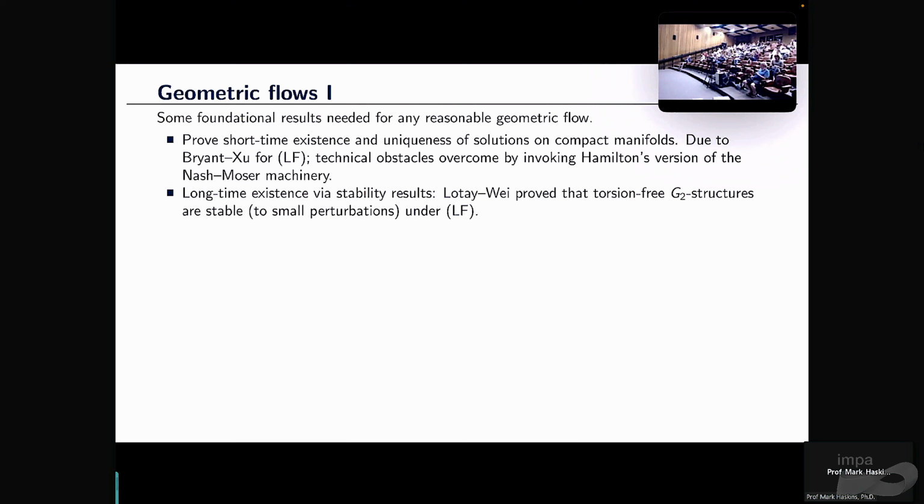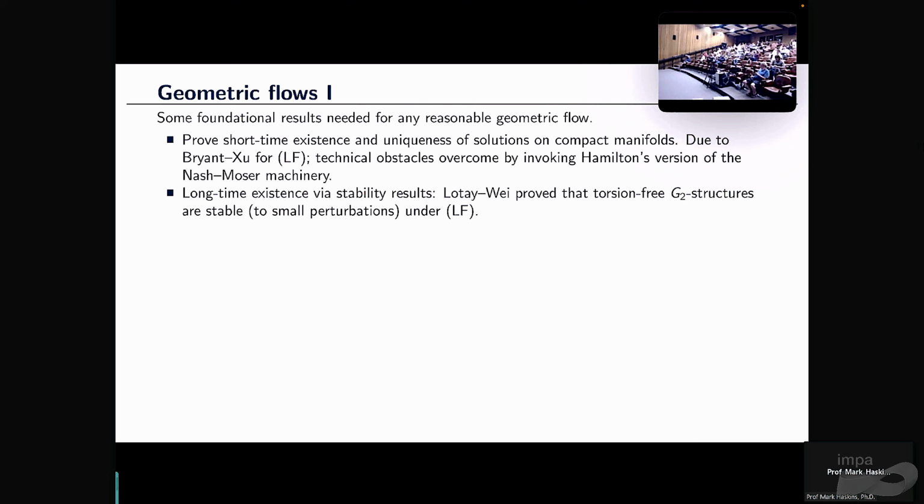In Ricci flow, that was due to Hamilton first, but then simplified by de Turck's trick. We know the analog of those in Laplacian flow. Those were established by Bryant and one of Robert's former students, Xu.